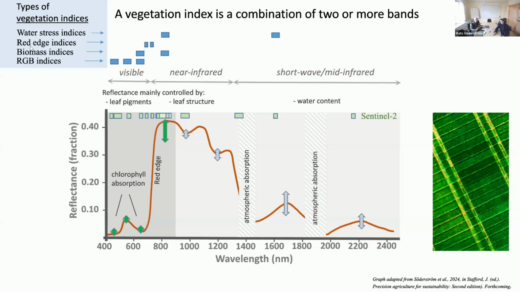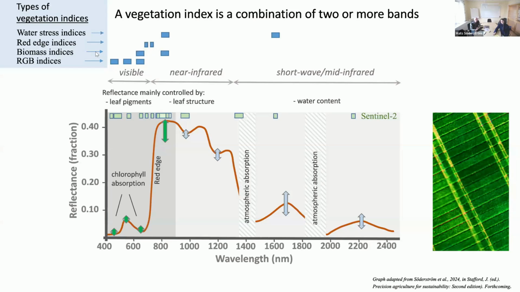Then we have another type of indices, the red edge indices, and they have bands in this part of the spectrum. They tend to be very useful for, for example, chlorophyll concentration and nitrogen content in crops.